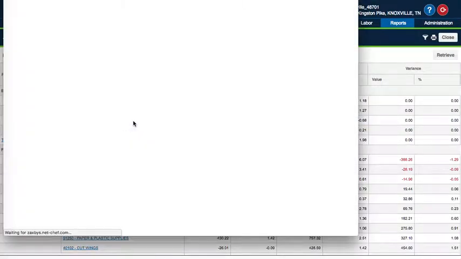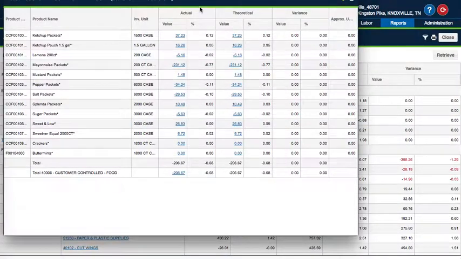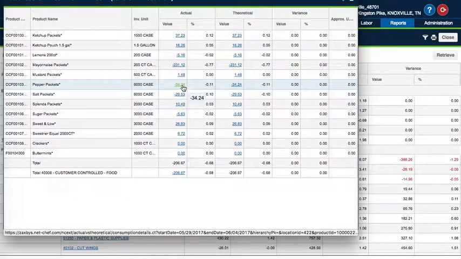So I can come into customer controlled food, click on that item, and it's going to show me what actually happened. What I see right off the bat is that I've got negative numbers. There's no way I could ever possibly have negative numbers in our actual usage.